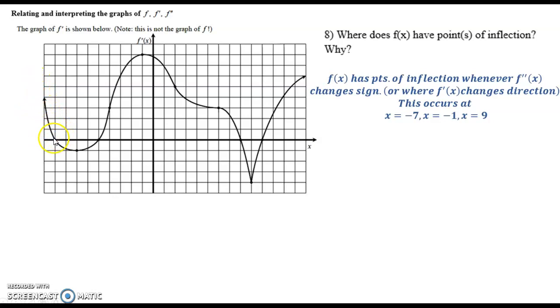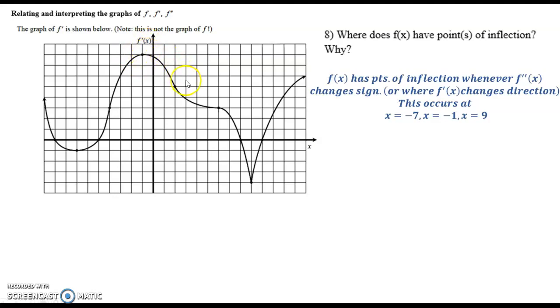The second derivative is negative here, then 0, then positive. So notice the second derivative changes sign at x equals negative 7. And then the second derivative is positive here, and then 0. And then the second derivative is negative on this side. So the second derivative again is changing sign at x equals negative 1.